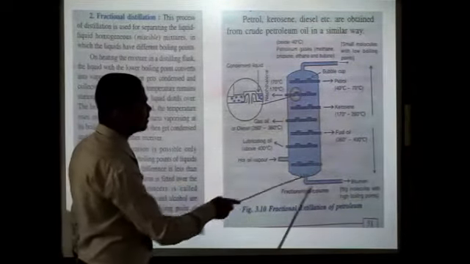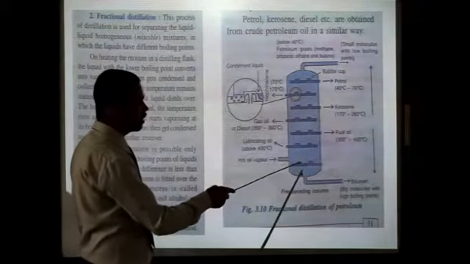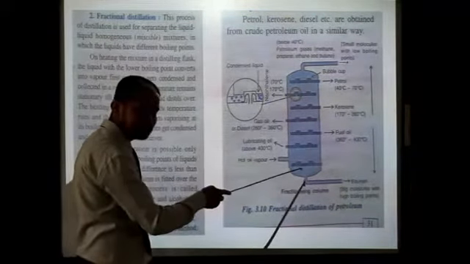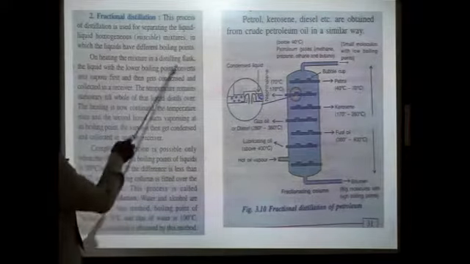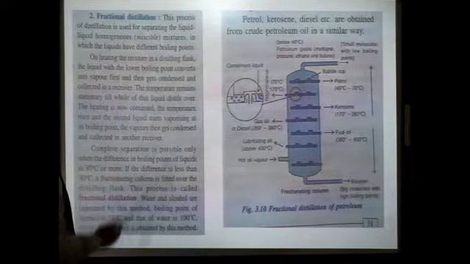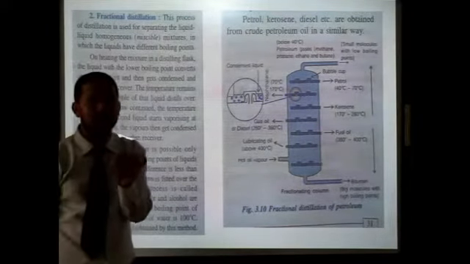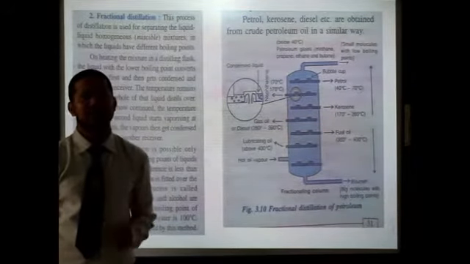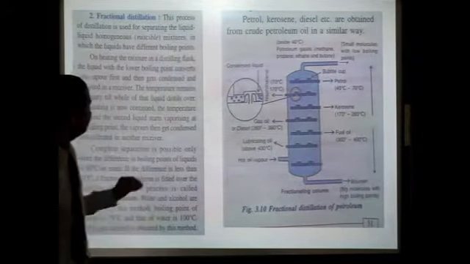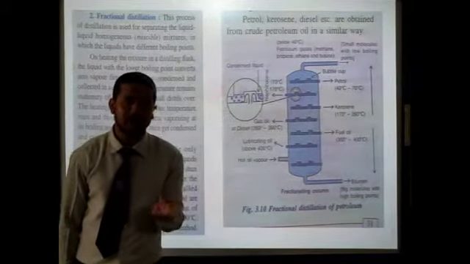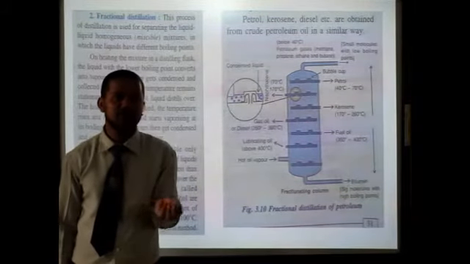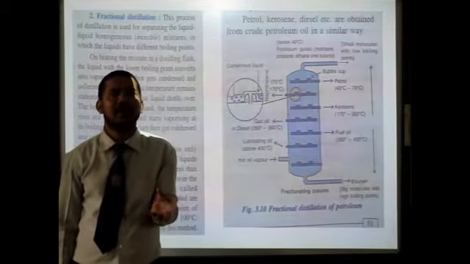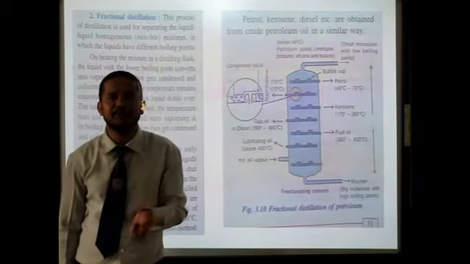This is your fractionating column. The mixture is added here. Then what happens is, the liquid with the lower boiling point boils first, and then vapor will be formed.